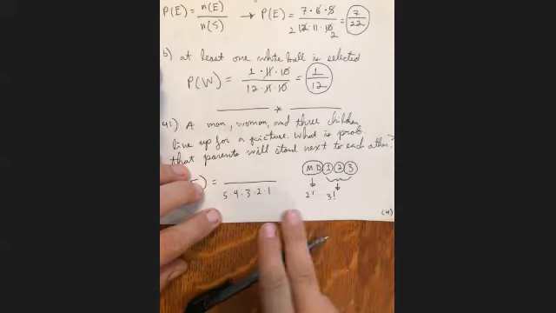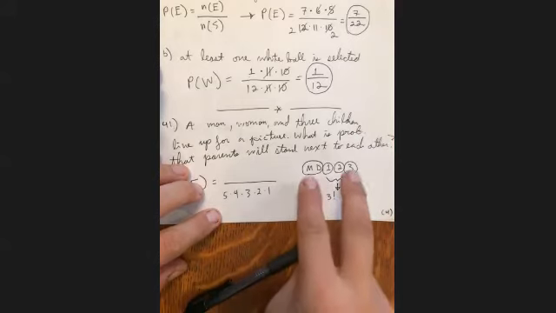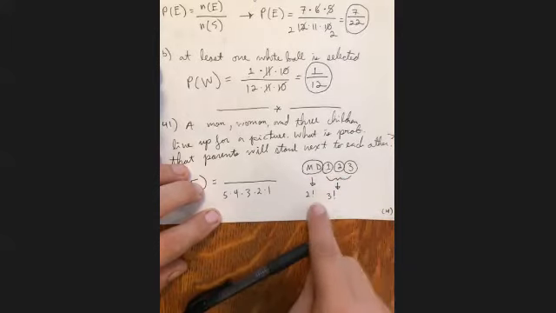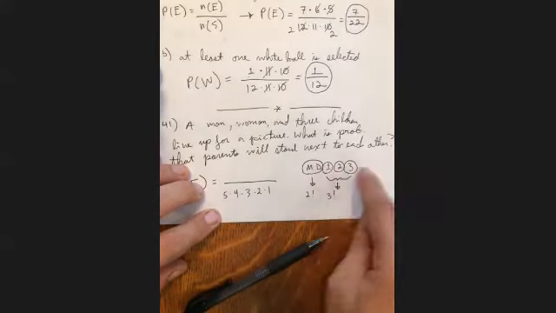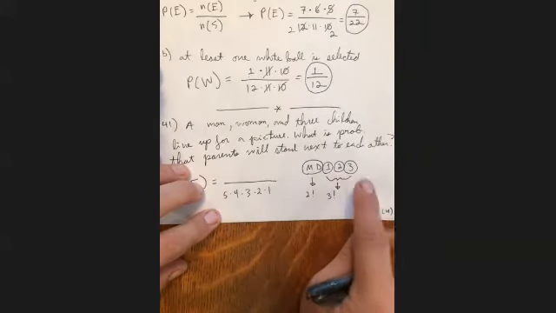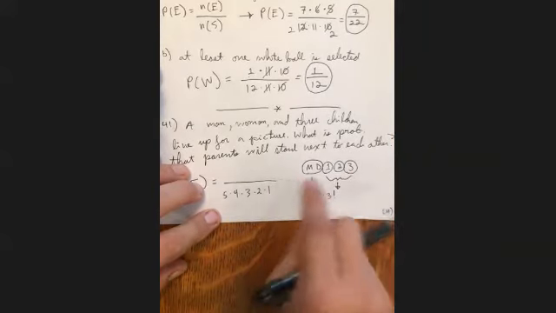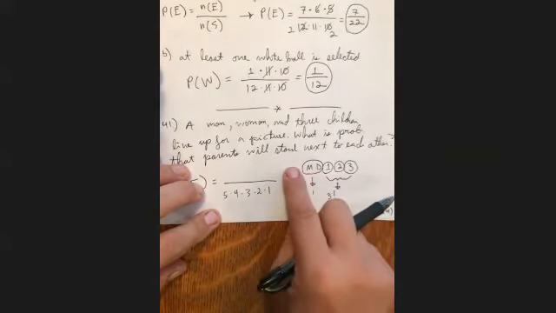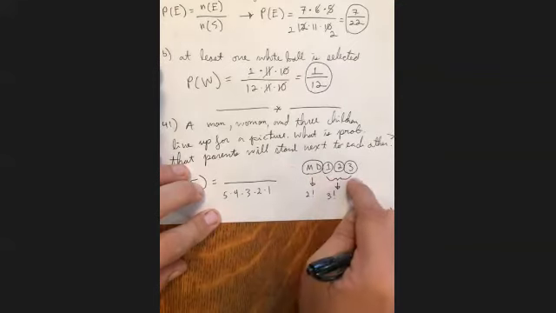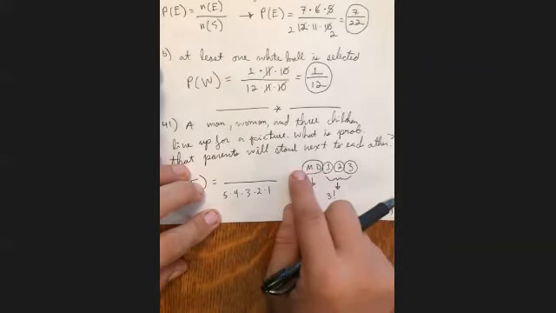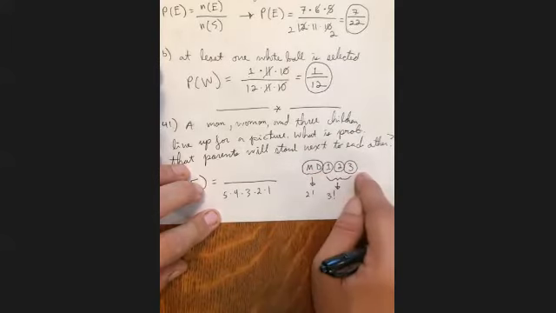So far, with these 2 numbers, what we figured out is there are 2 ways to reorder mom and dad, and there are 6 ways, 3 factorial, 6 ways of ordering the kids. Now, the way I've written it, this is only one possibility, where you have mom, dad, then 3 kids. But you have to consider that you could have kid 1, then mom, dad, then kid 2, kid 3, or kid 1, kid 2, then mom, dad, then kid 3, or kid 1, kid 2, kid 3, then mom, dad on the end.